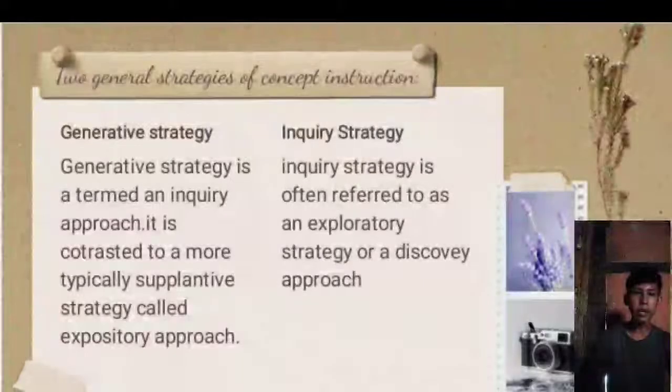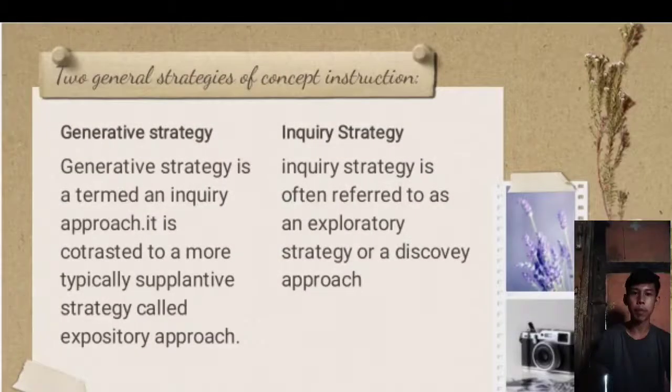An inquiry strategy is often referred to as an exploratory strategy or a discovery approach. An inquiry strategy presents examples and non-examples of the concept and prompts the learner to induce or discover the concepts. And next slide.